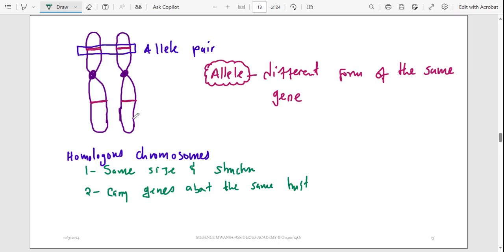So these are supposed to have the same shape and size. There is no way you are going to call them homologous chromosomes if, let's say, this is talking about eye color from my mother, but from my father the locus for eye color is down here. No, that can't happen. They should be at the same location. Okay, hope we have understood.